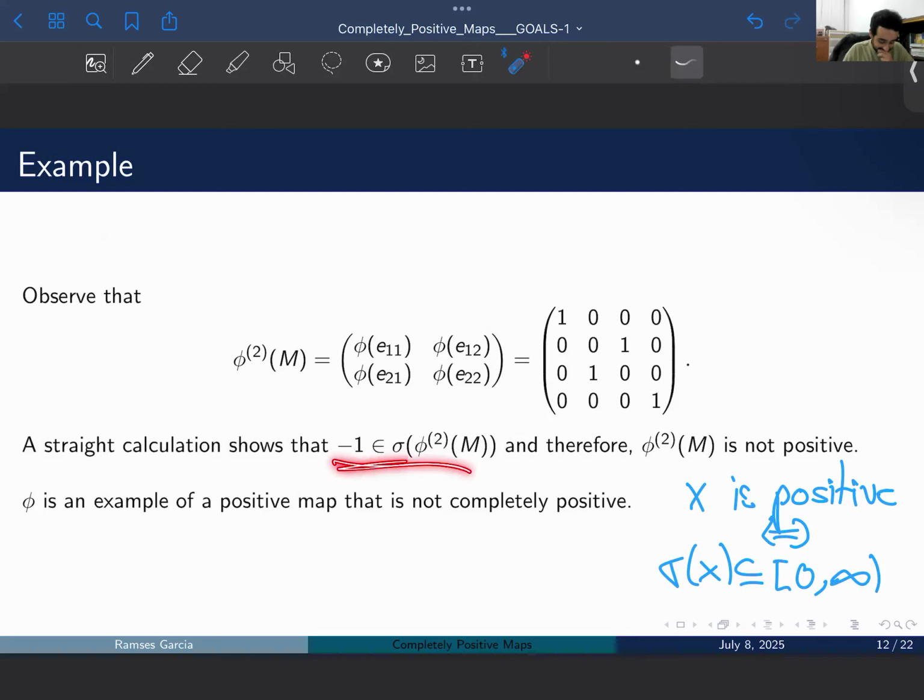Since -1 is in the spectrum, this matrix is not positive. So we have found an example of a positive map that is not completely positive. As the name suggests, being completely positive is a property that is preserved at every level, in every amplification.